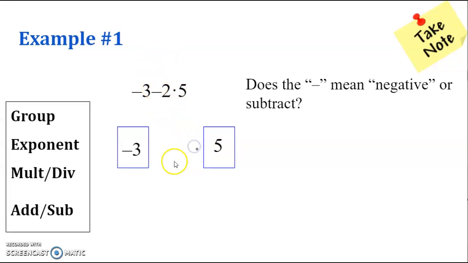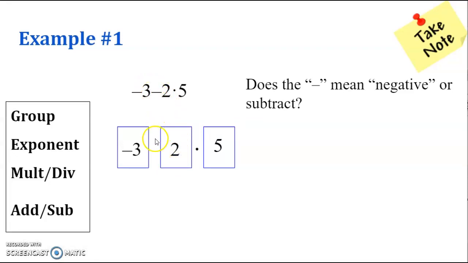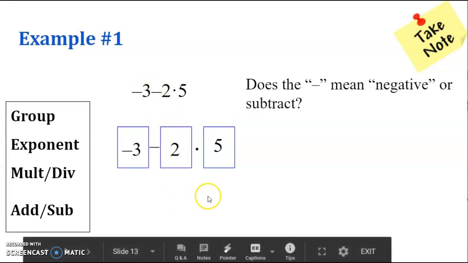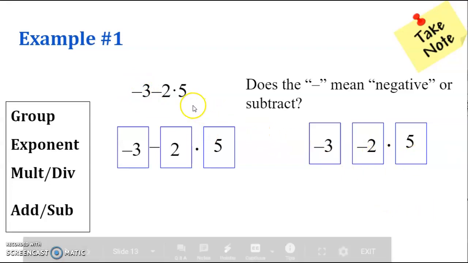So the first scenario is we might consider this as a +2, and we see this as a subtraction, like that. Another scenario would be if we have a -3 right here, and then a number multiplying by 5, but instead of seeing that as subtract 2, we're going to see that as a -2. So that's a -2 here. What's the operation between -3 and -2?